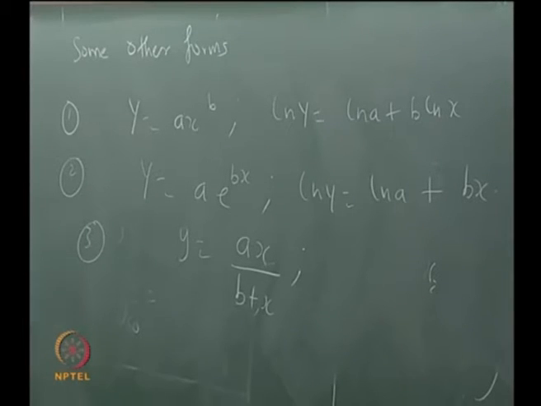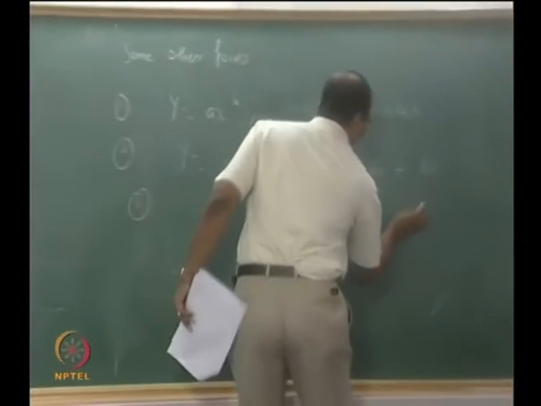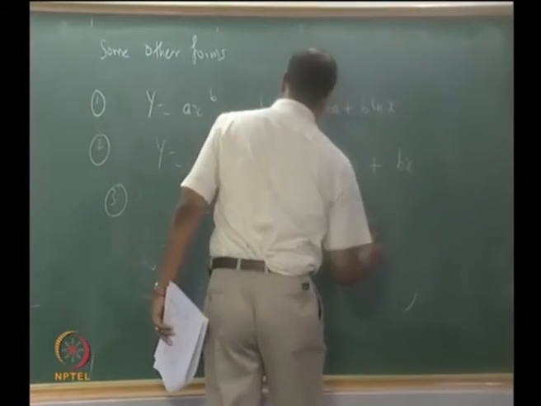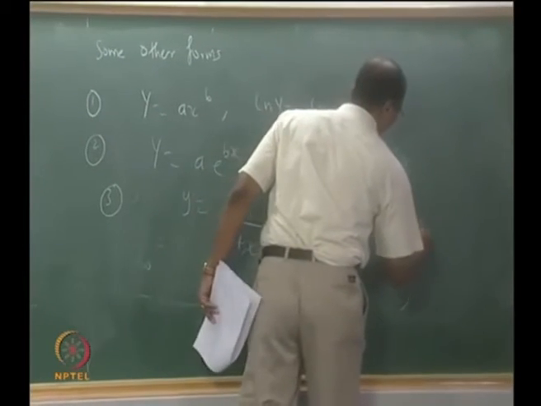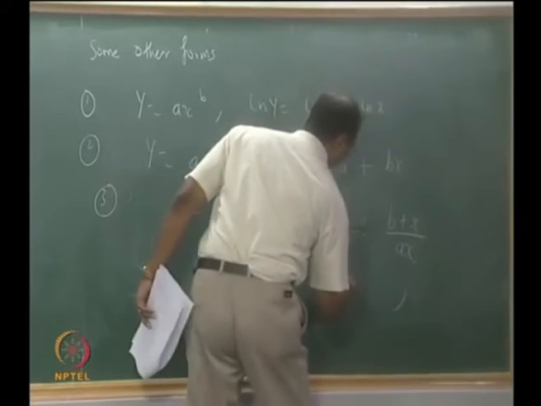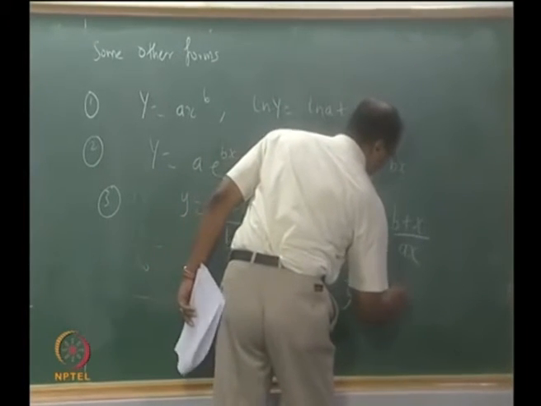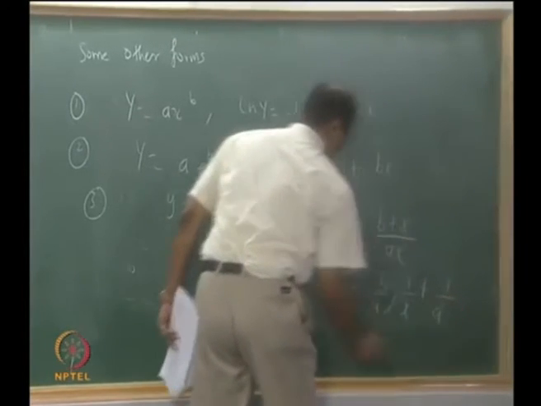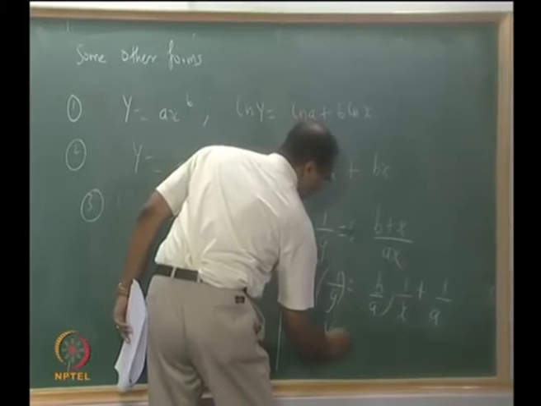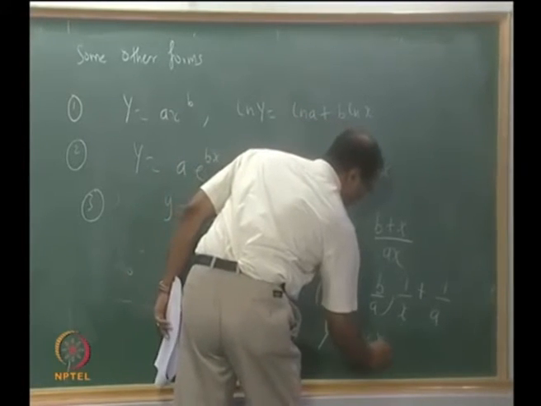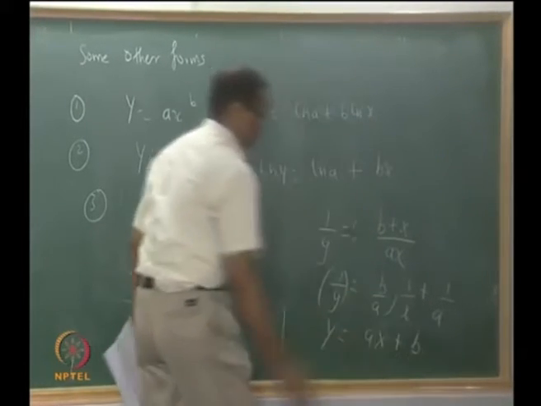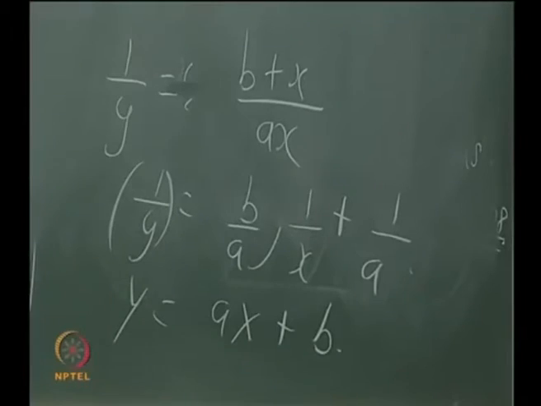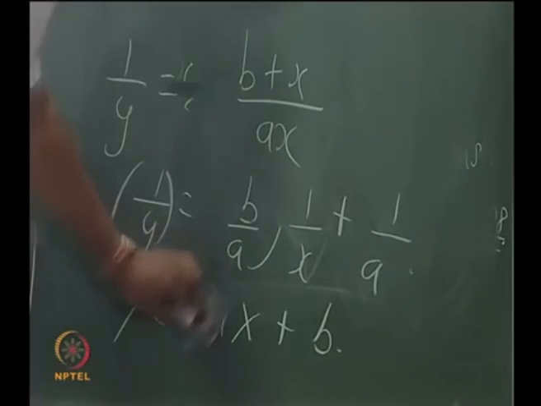So take 1 by y. 1 by y is b plus x by a x, right. So here 1 by y, okay, so this becomes y, if I put a b you will get confused. I will put y is equal to mx plus c.